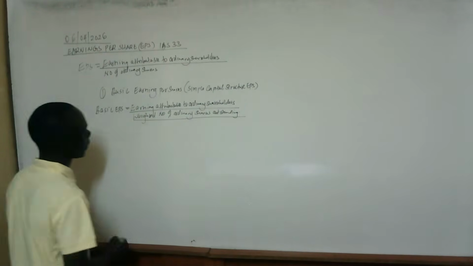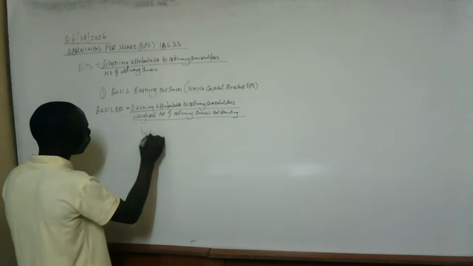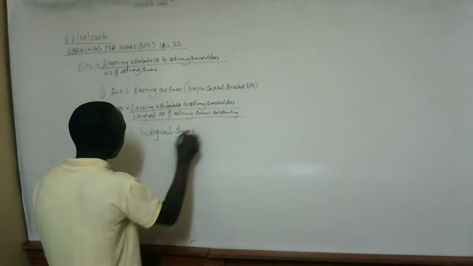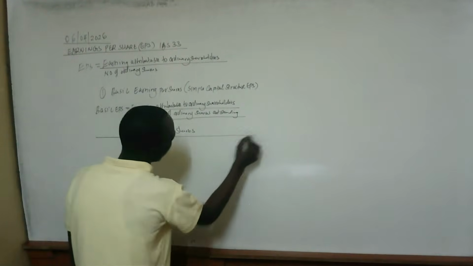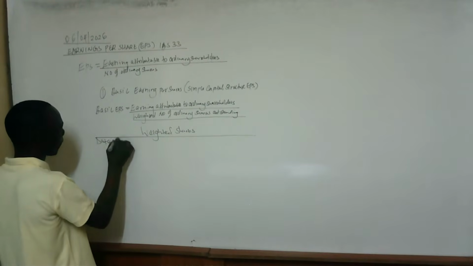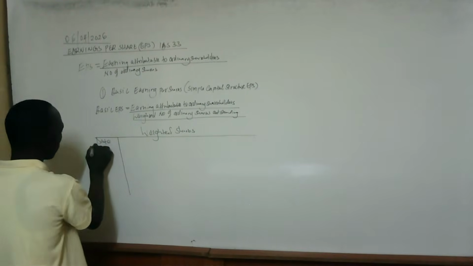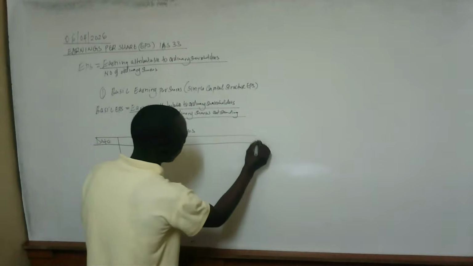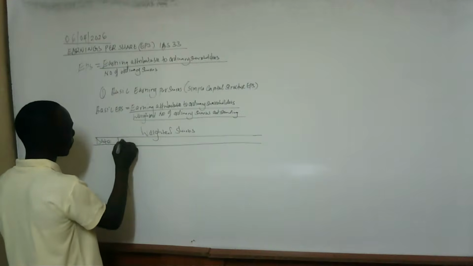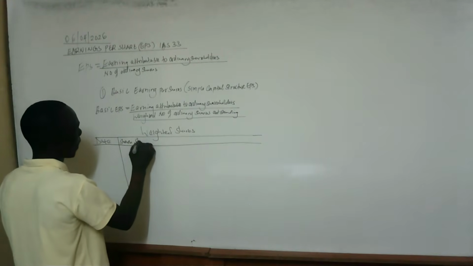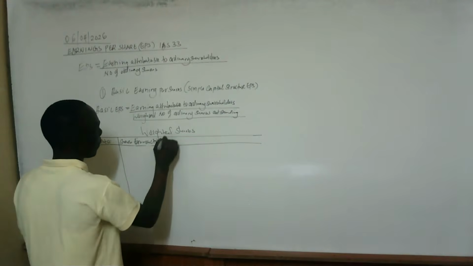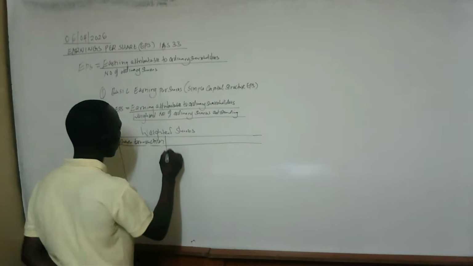For us to get the weighted shares, we normally use a table to make our work easier. In this table you are going to have the date, because the dates are very important. The dates must follow each other respectively. Then from there, we talk about the share transaction. Then you have the number of shares.